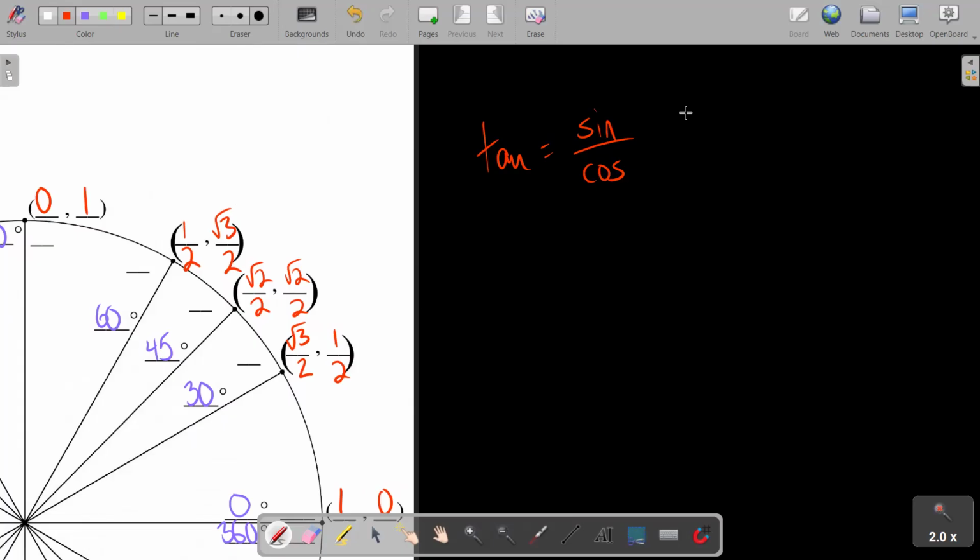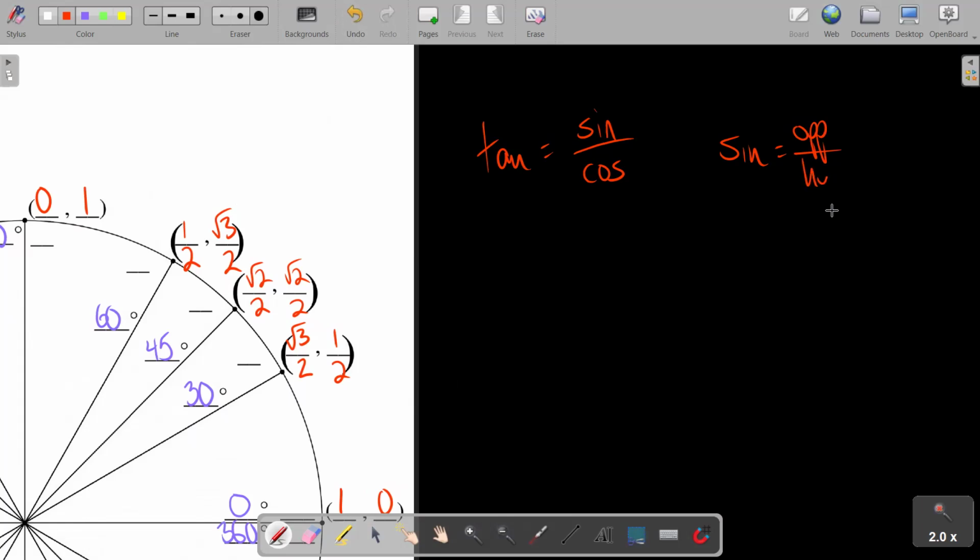And if you're interested in me proving that to you, I could go back and remind you yesterday that sine is, remember, sine is opposite over adjacent, but, well, no, I'm kind of talking myself in circles here. It's not opposite over adjacent, it's opposite over hypotenuse.